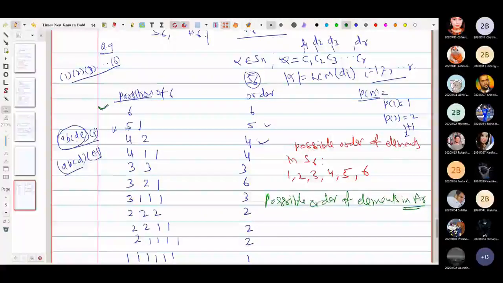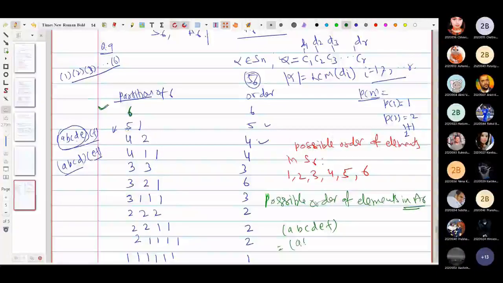Okay. So if we have a cycle of length 6, is it even? Like A, B, C, D, E, and F. We have written 6 distinct symbols. So how can you write it?